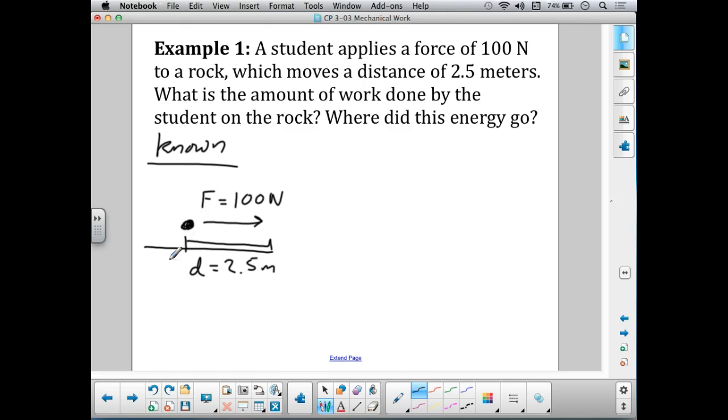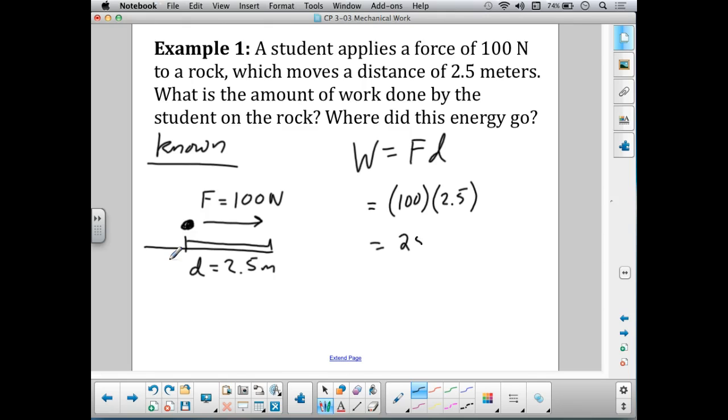In order to find the amount of work done, we can use our relationship W equals FD. Work is equal to the force times the distance that the force is applied through. And we just plug in what we know. We know that there's a force of 100 newtons applied through a distance of 2.5 meters.